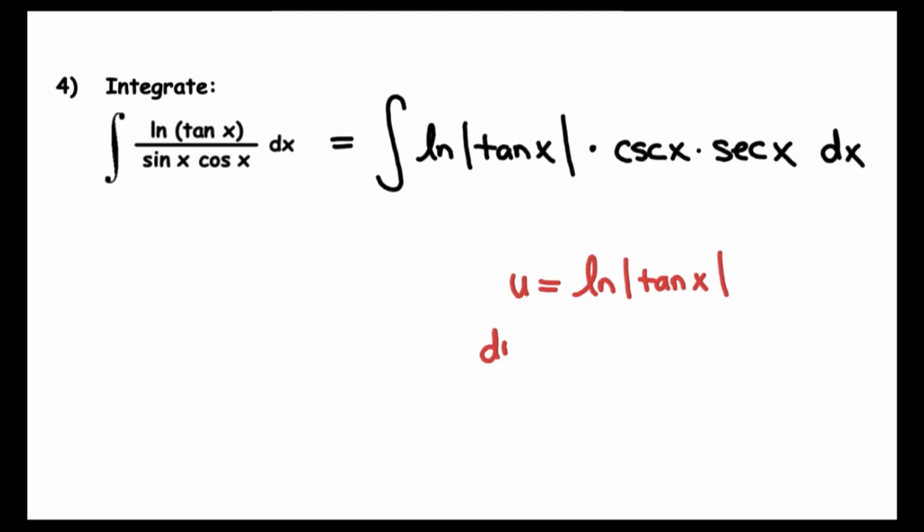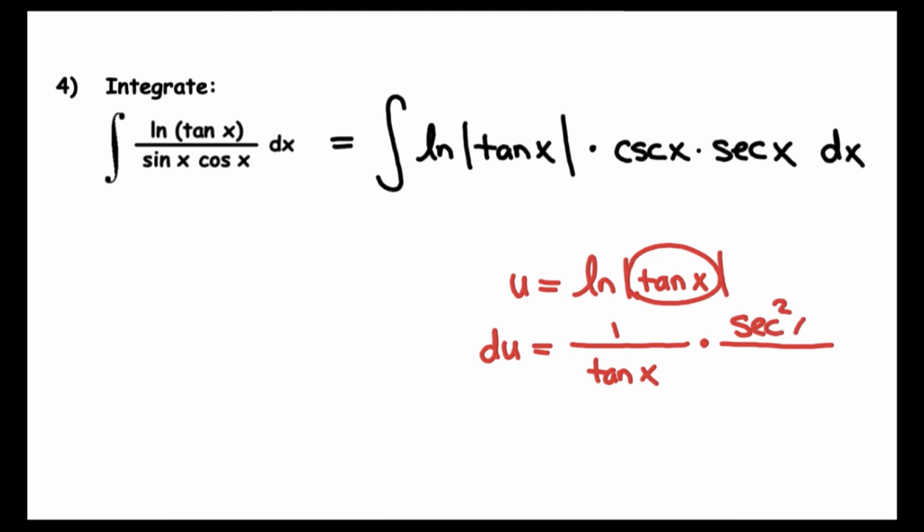Well, then du, I think this through, would be 1 over stuff, so it'd be 1 over tangent. I'll leave the absolute value off since it's not being logged anymore. Times a chain rule, and the derivative of tangent, of course, as I mentioned, is secant squared of x dx.